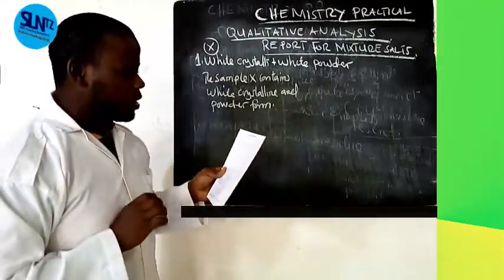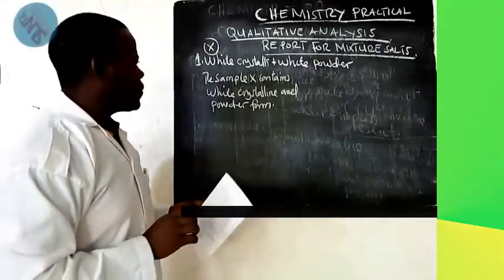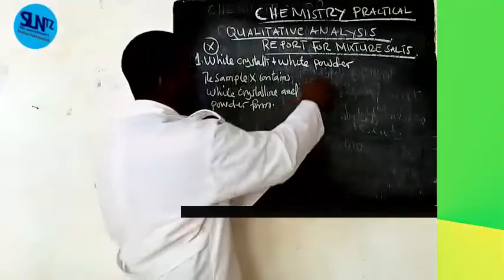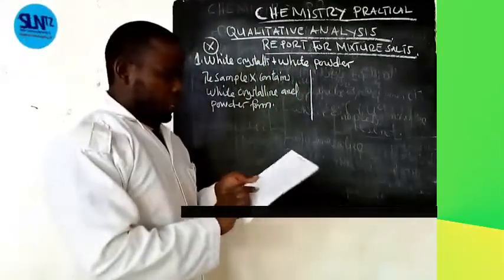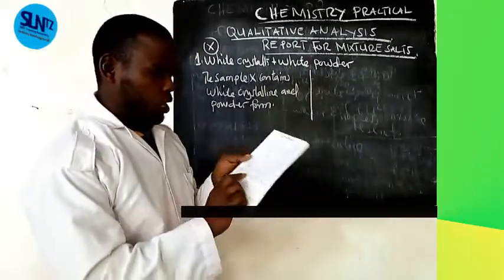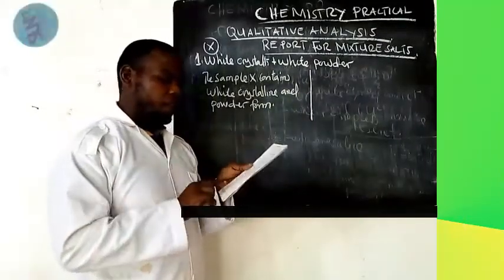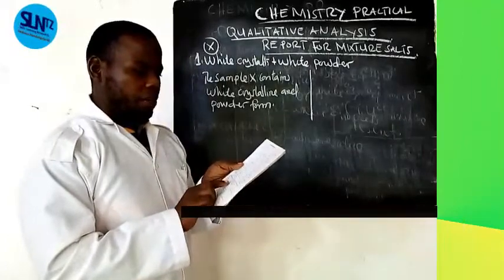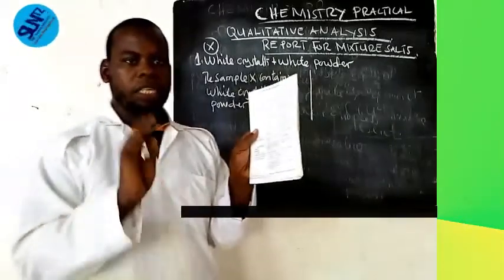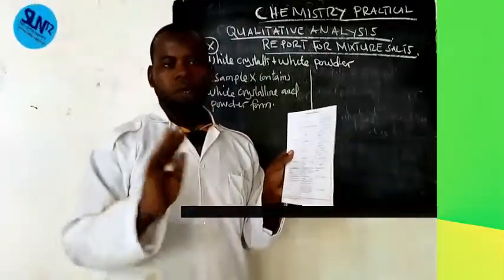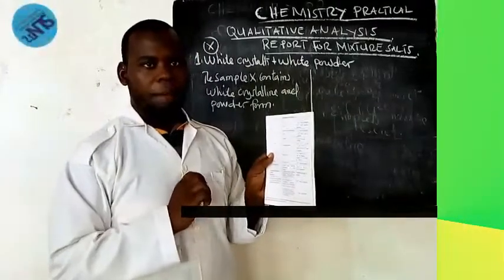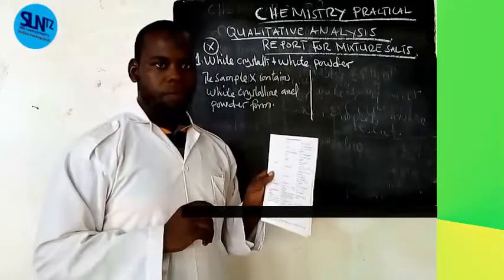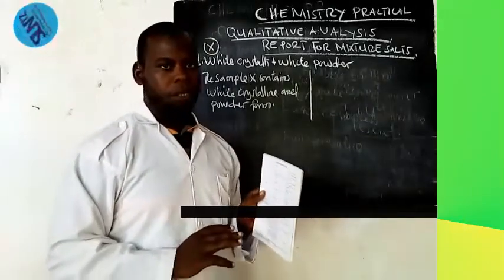When you come to inference, you have white crystalline form. According to your sheet, there are separate columns and rows for color and texture, but you have to join them when writing your report.